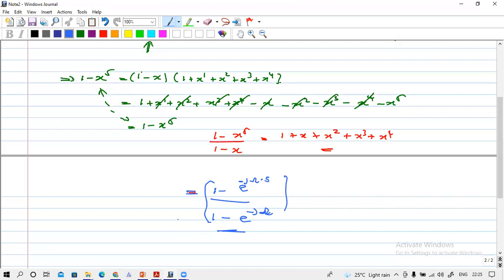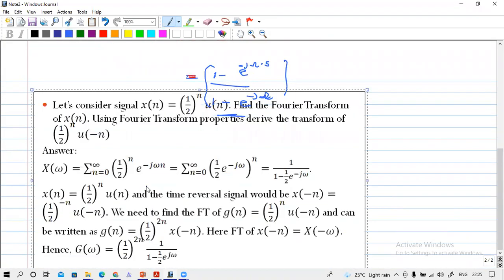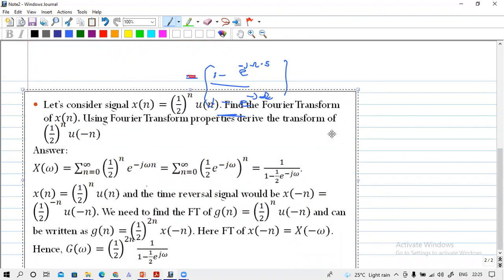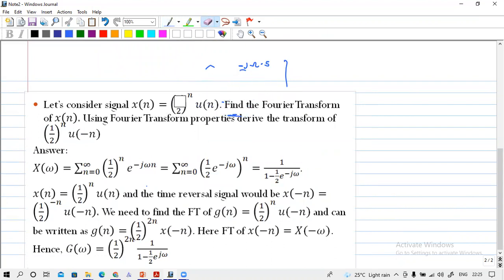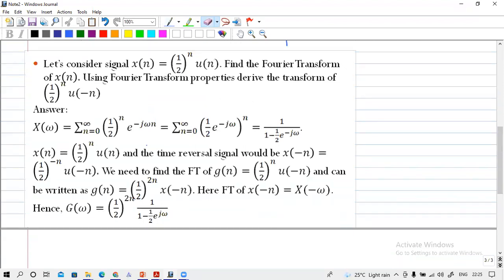This is our question, and we will try to do this. We are asked to find the discrete time Fourier transform of this sequence.